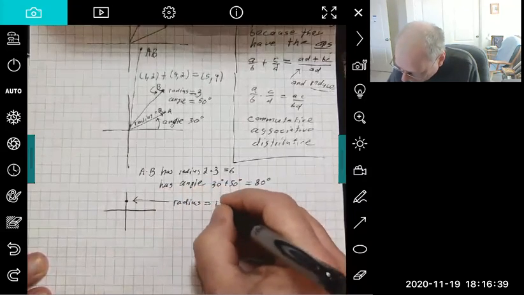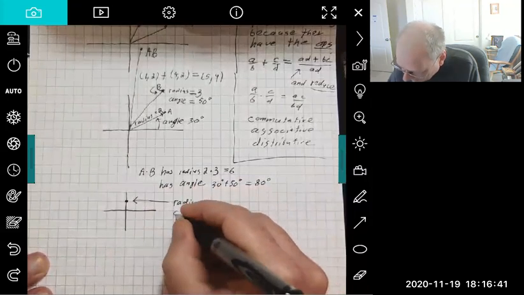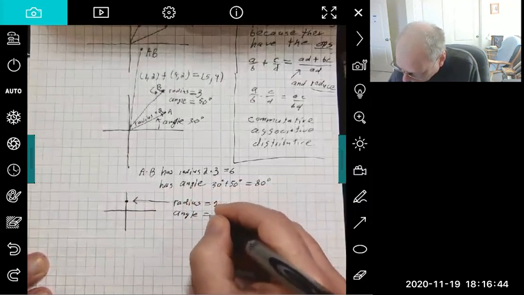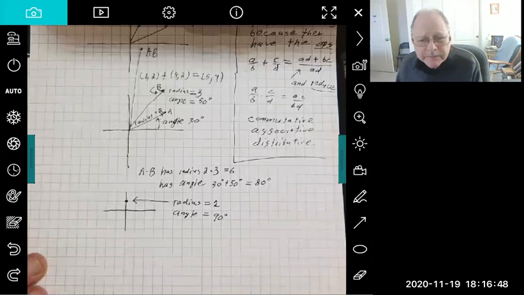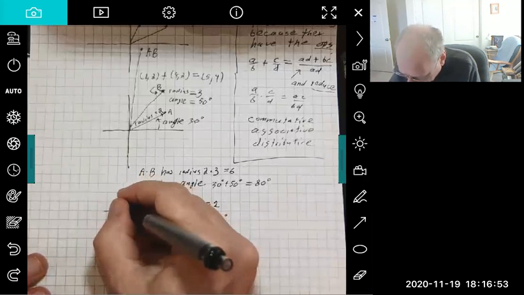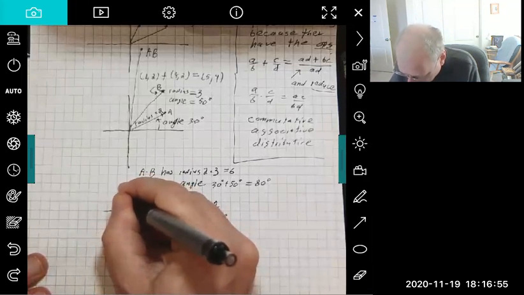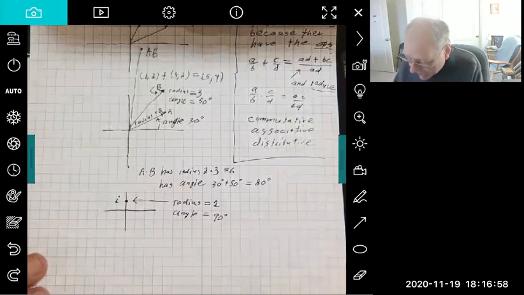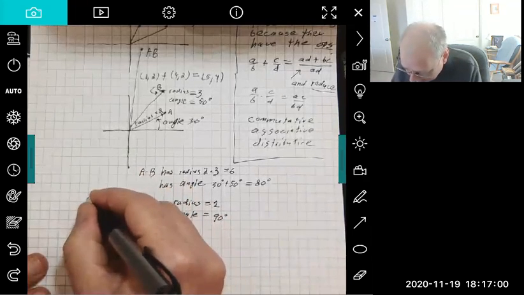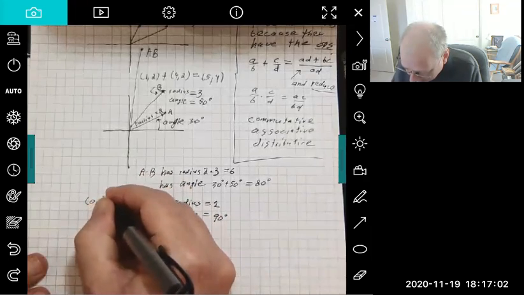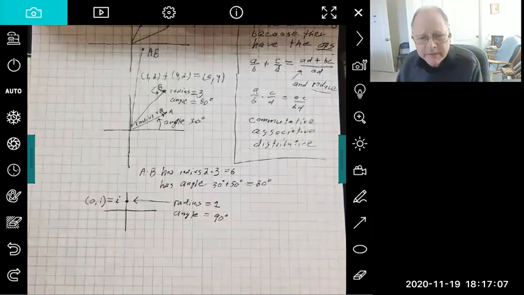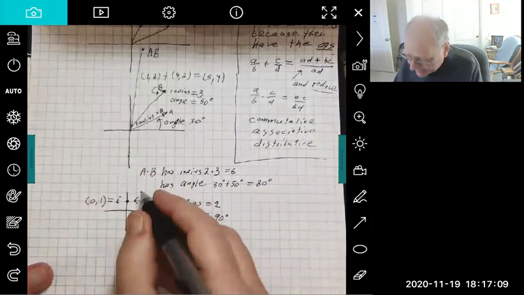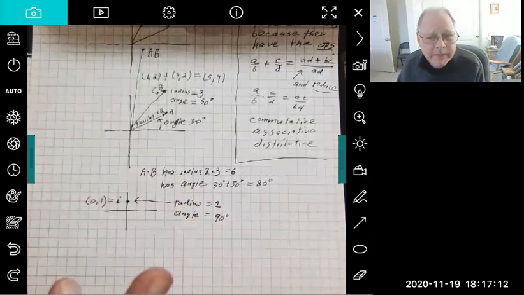The radius is 1 unit, and the angle is 90 degrees. And we're going to call that point I. It's the pair. The coordinates are 0 in the x direction, 1 in the y direction. 0, 1. And that's I. Just a name.